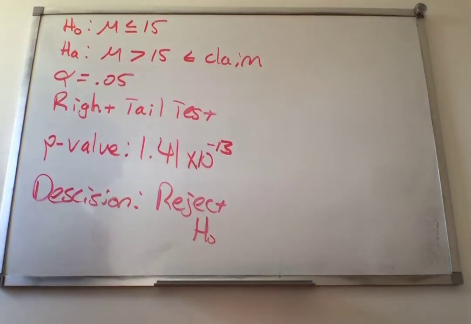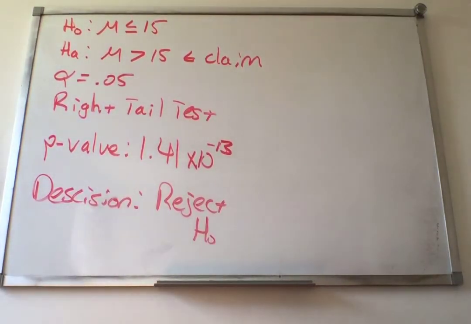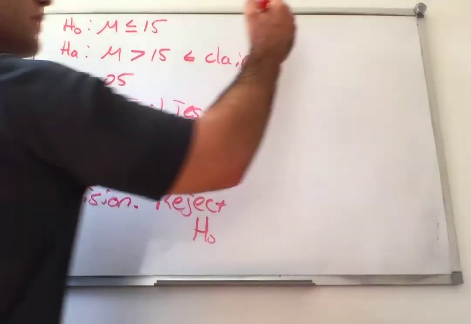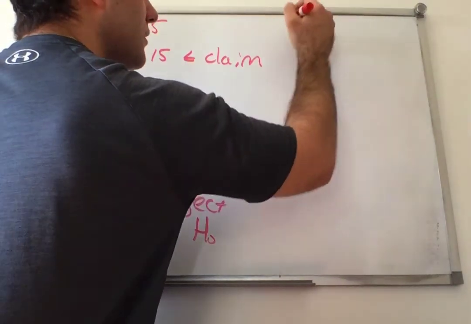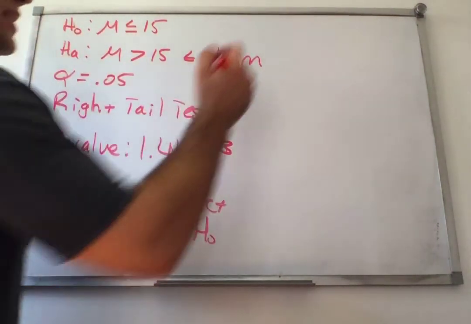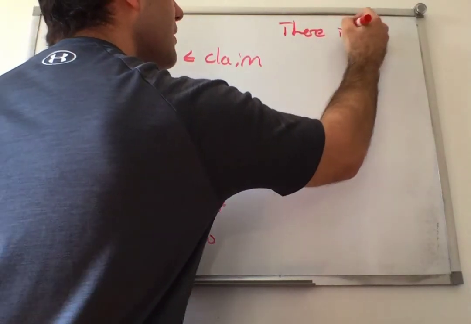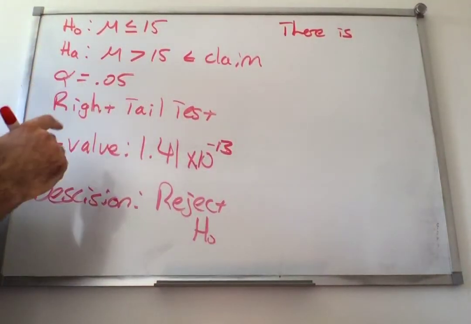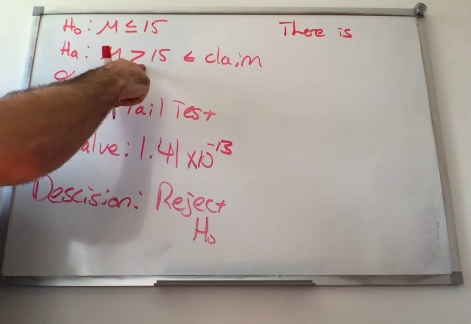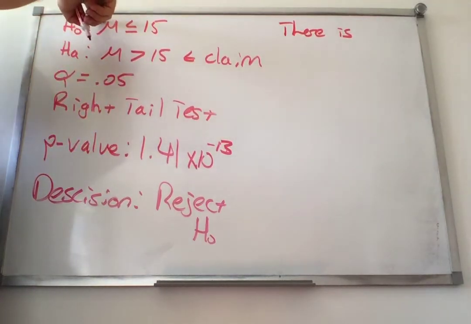Okay, so let's talk about our conclusion here. Our conclusion here, what we can say is, so there is, now here's our claim, right? Here's our claim. We rejected the null hypothesis, okay?